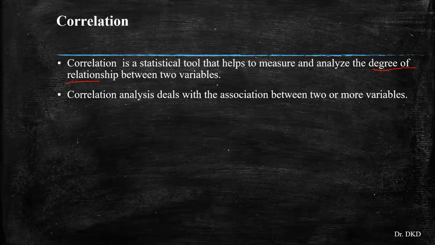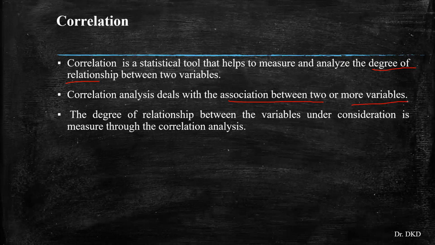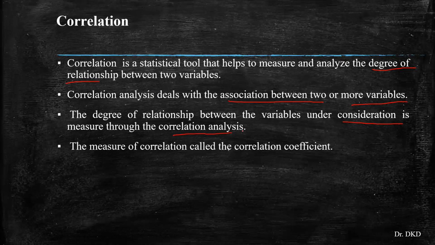Correlation analysis deals with the association between two or more variables in terms of the degree of relationship. In other words, the degree of relationship between the variables under consideration is measured through correlation analysis. We will discuss correlation analysis separately.